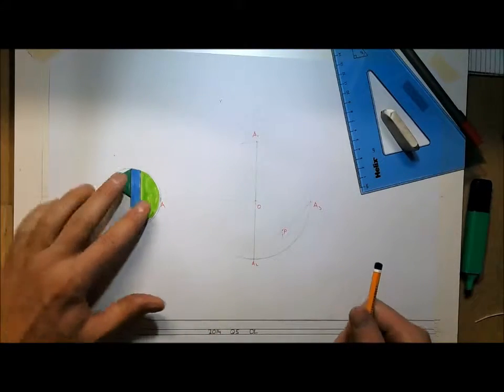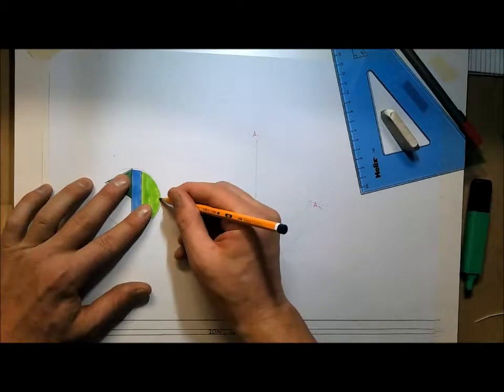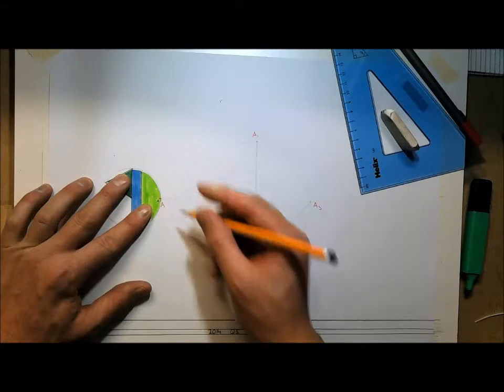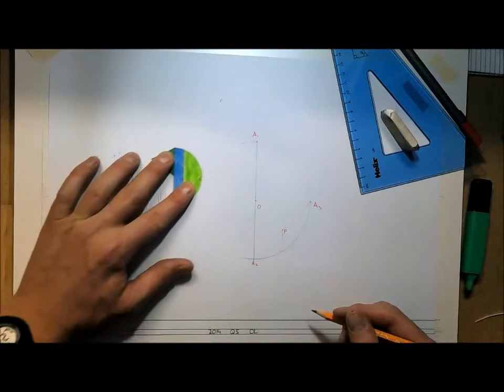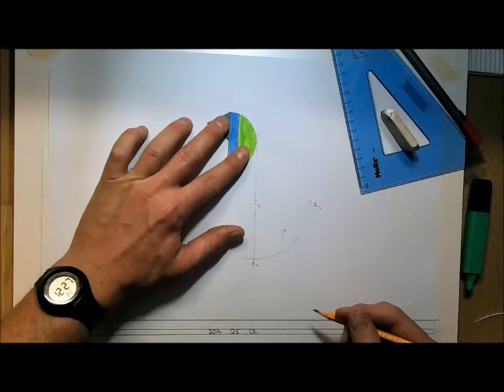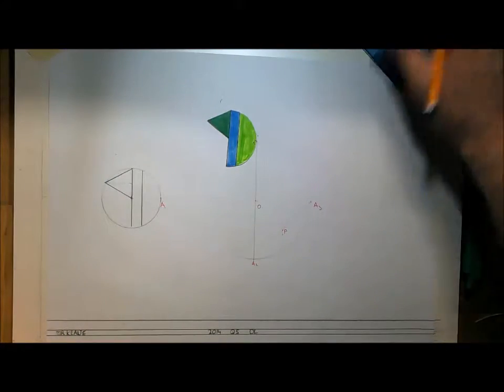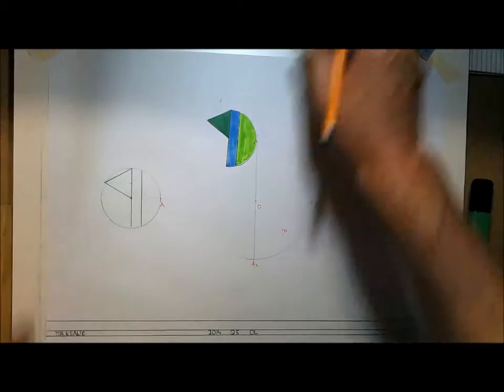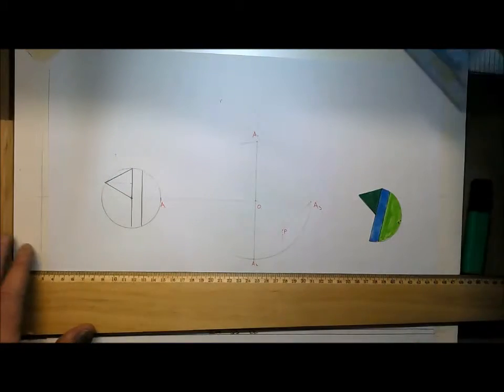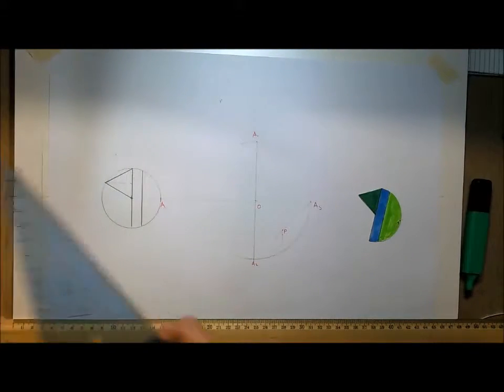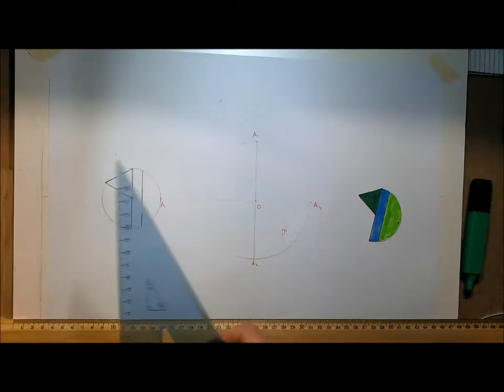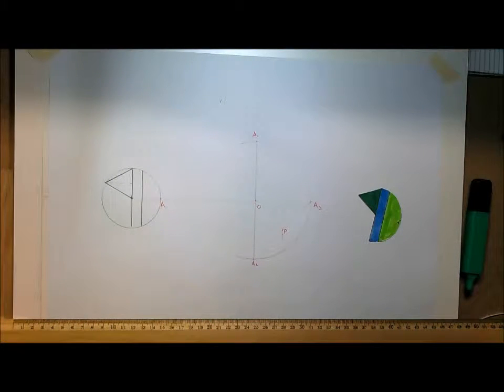So what we're doing here is, this is point A. Bring A up to A1 via translation. All the points come up at the same equal distance. So I can use that sliding set square method.